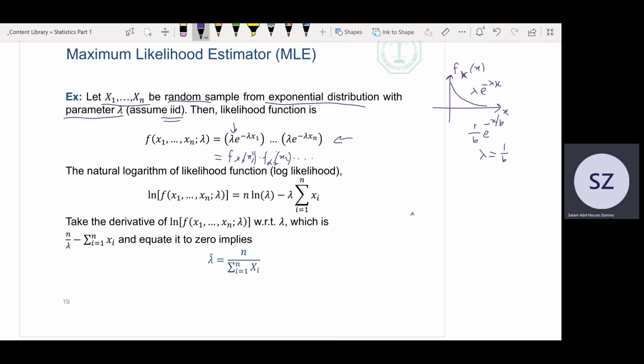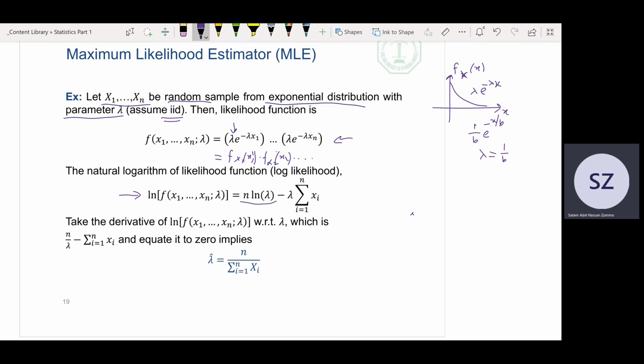How to find the maximum of a function? We take the derivative and equate it to zero, right? Since we have e to minus and so on, it's easier to take the ln. If you take the ln, the ln of lambda terms will be added together.